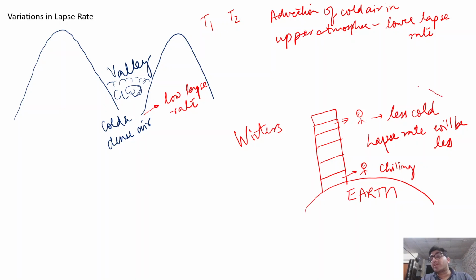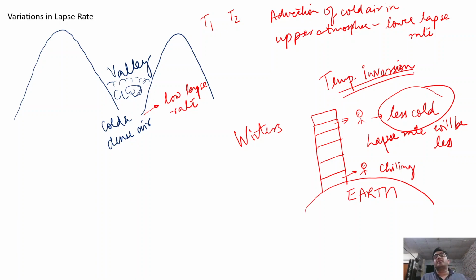Secondly, why do people over here feel less cold? Because of a phenomenon called temperature inversion. We'll discuss it in detail in the next lecture, but this is a fact that if you ask people living on the top floor or the higher floors of a high rise building in colder areas, they will say that they feel less cold than the people who are in the lower floors or the ground floors.